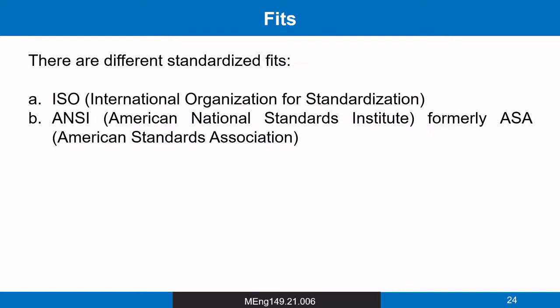So this ASA is what you see in the textbook Design of Machine Elements by Ferris, which still used ASA as the standard, but the name of the organization has been updated, and currently the name of ASA is ANSI. They have the same standards, only the figures of their different fits.